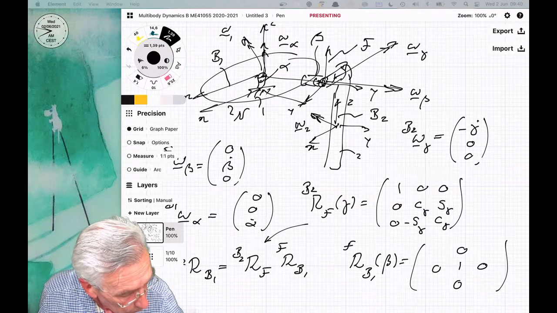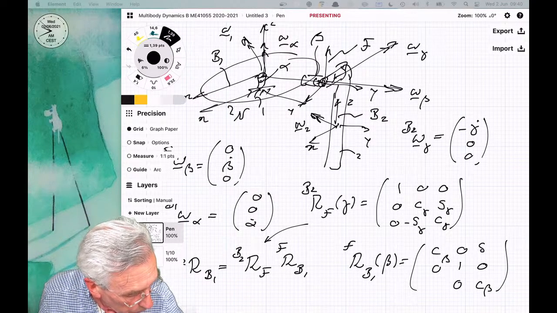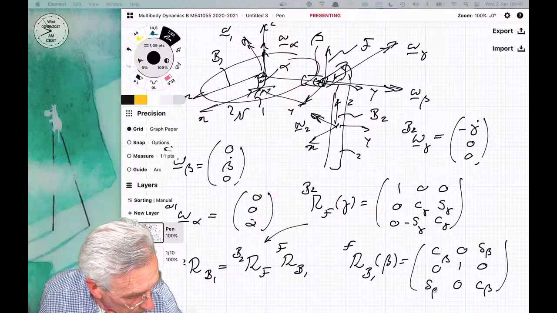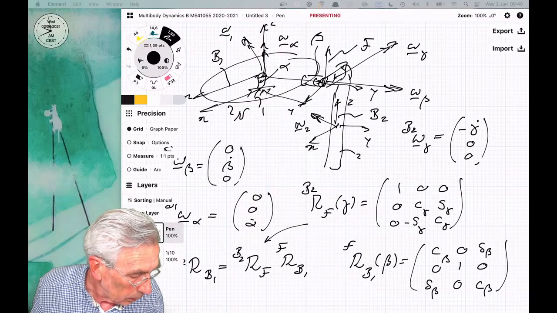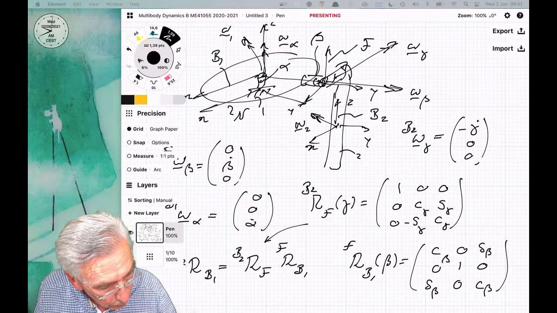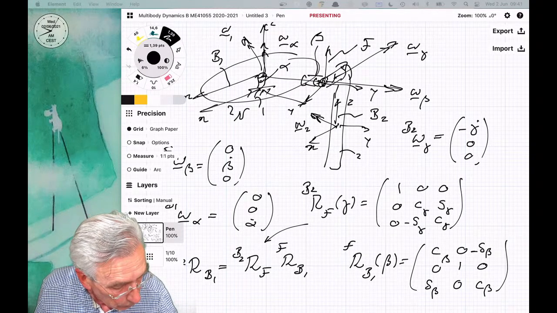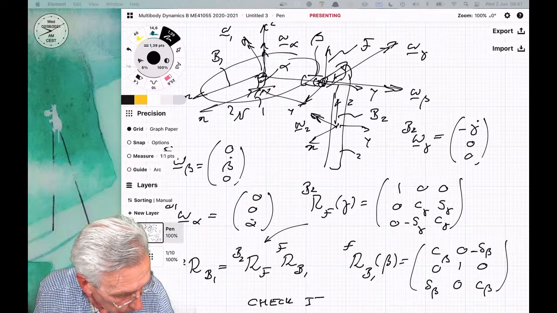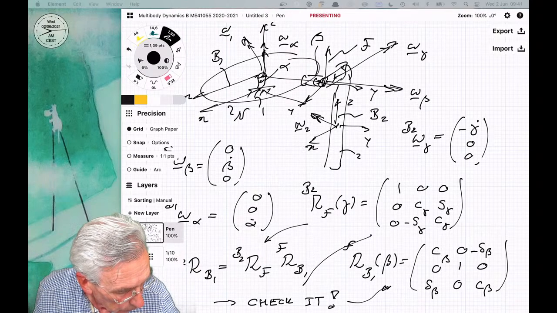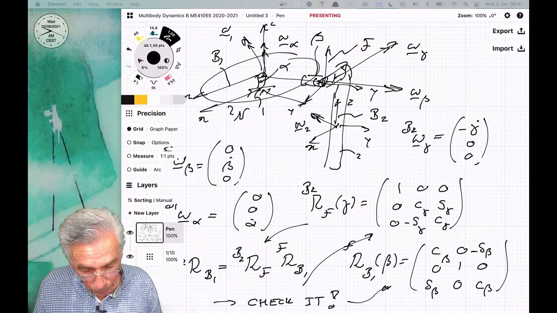And then again the cosines and the sines of beta, and the only thing we have to put into place is a minus sign, and yeah, the regular minus sign would be here at the lower corner, so my guess is that the minus sign should be here, but check it, huh? Check it, because I tend to make errors.